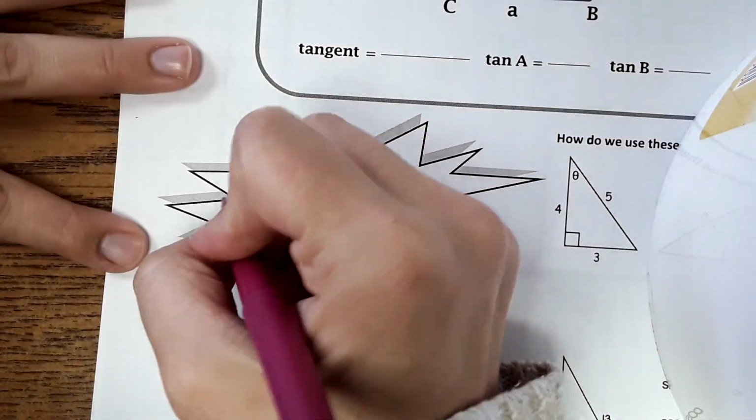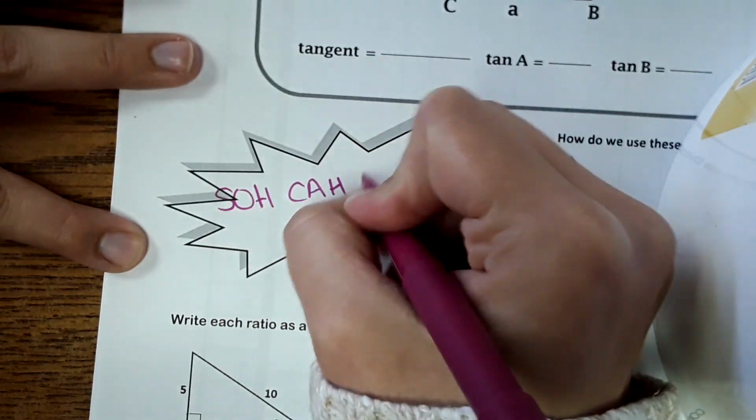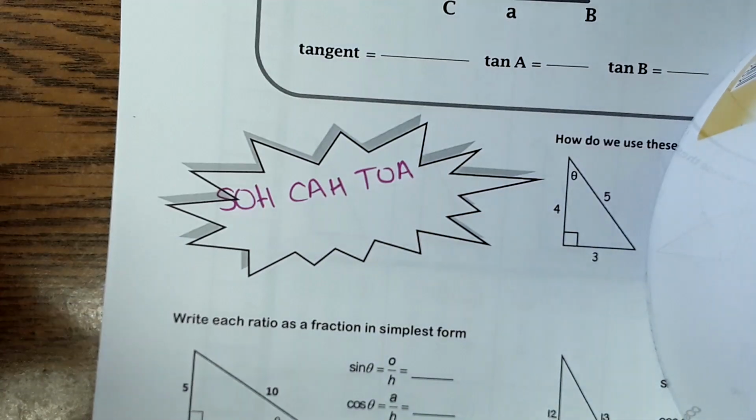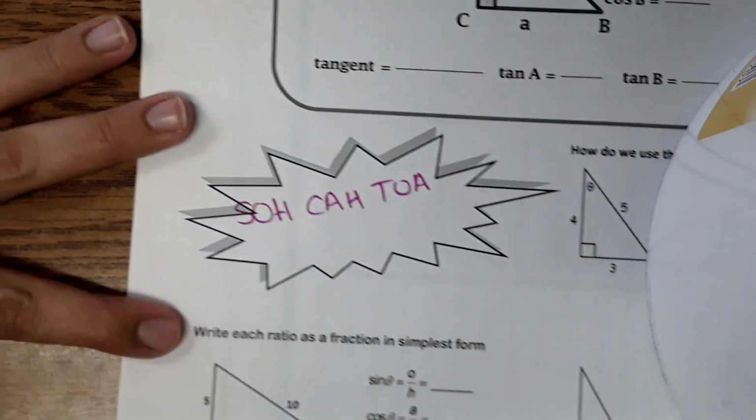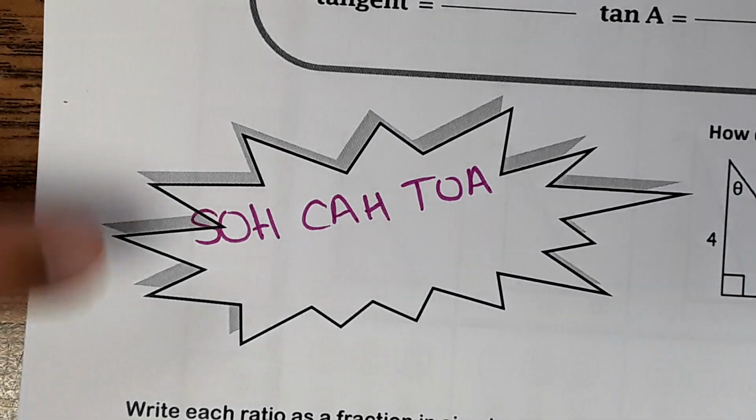So we have SOHCAHTOA, and I'll write out what these stand for. This was the acronym to help you remember the trig ratios. And to this day, I still write this out anytime I'm doing trigonometry, so I can use it as a reference.